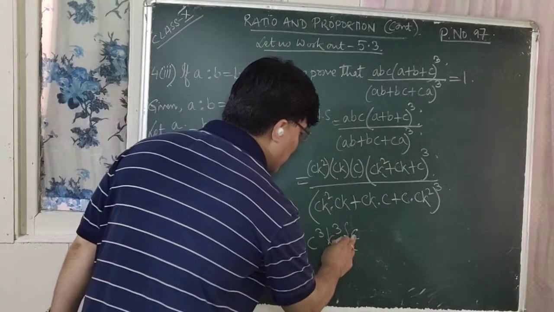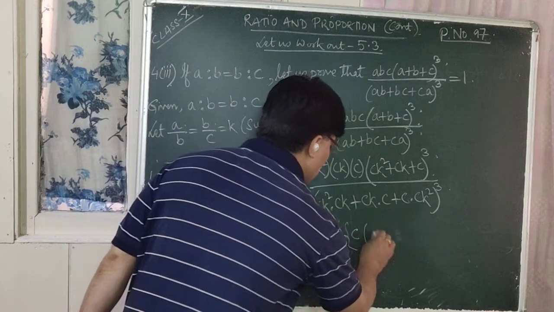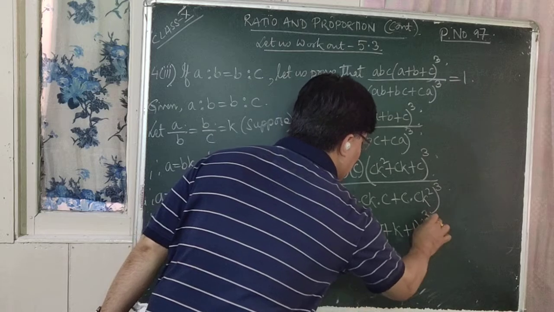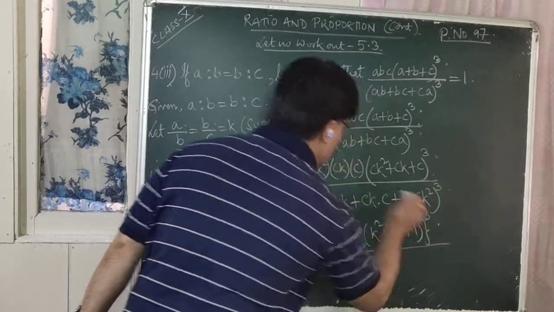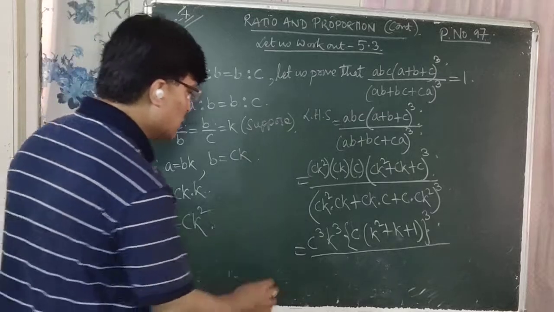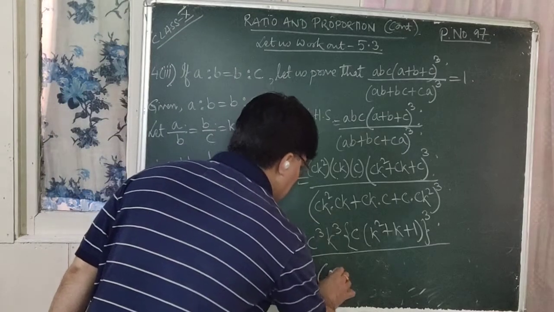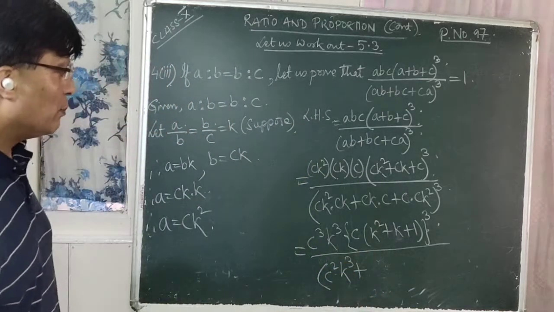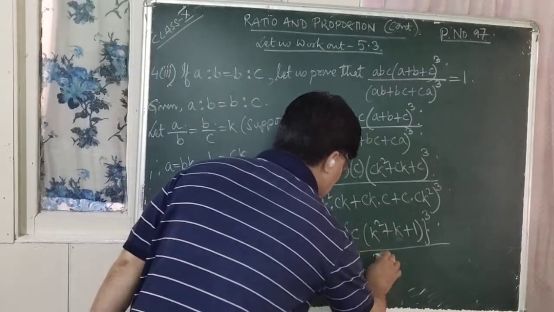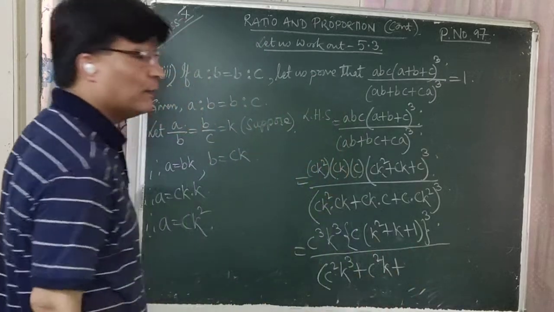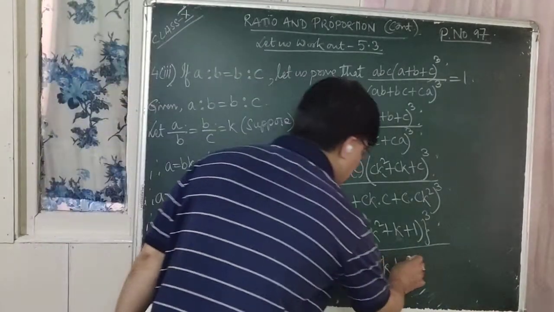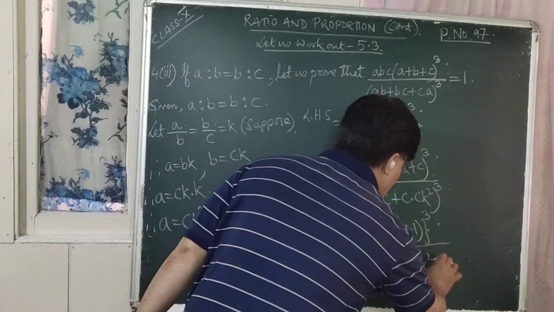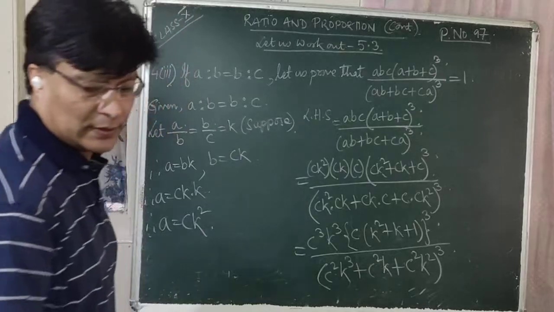So within the bracket, K square plus K plus 1, second bracket close, whole cube divided by. Now in the denominator, within bracket, C into C, C square K cube, right? Plus CK into C, C square K, plus C into CK square, C into CK square is C square K square. This is whole cube. Is that clear?